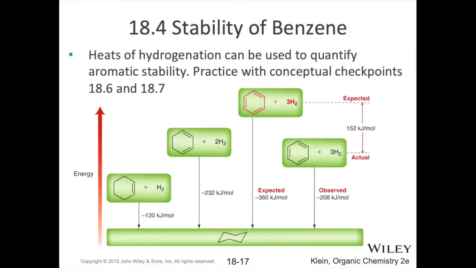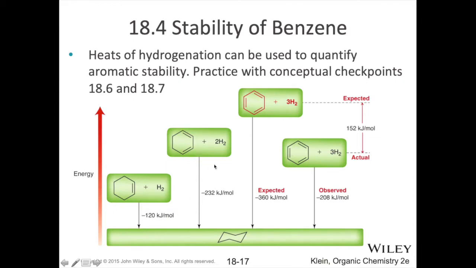By the way, if you want to quantify that, you could quantify it the way we've done with other alkenes. You can look at the heat of hydrogenation. As we add hydrogens, we can look at the energy released from each hydrogenation reaction, from the breaking of a pi bond, which costs little energy, and the formation of 2 sigma bonds with hydrogen, which again releases a lot of energy.